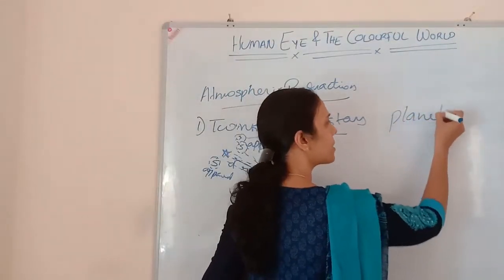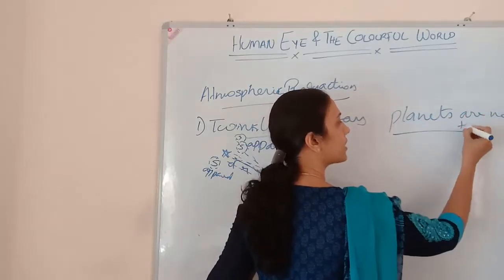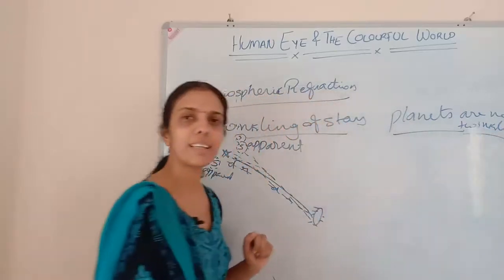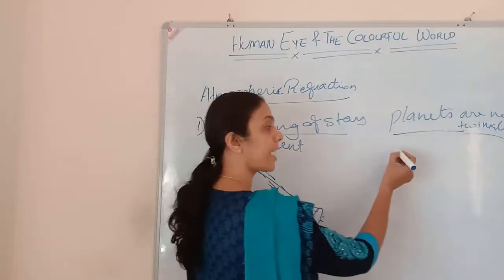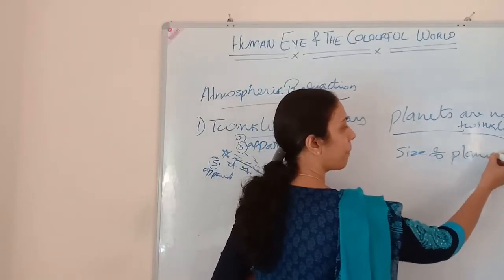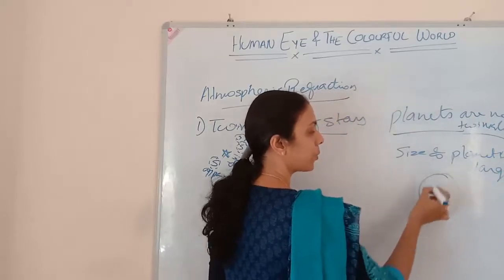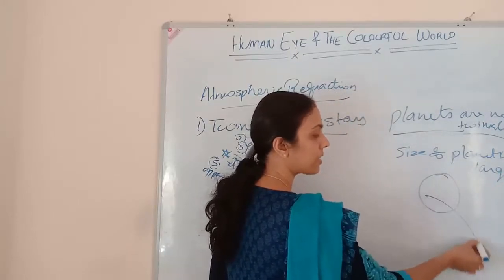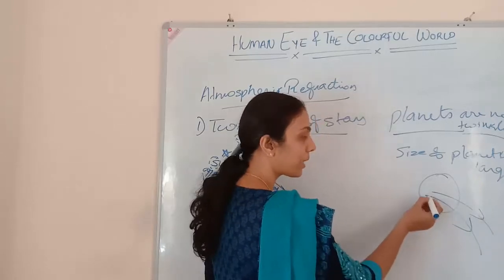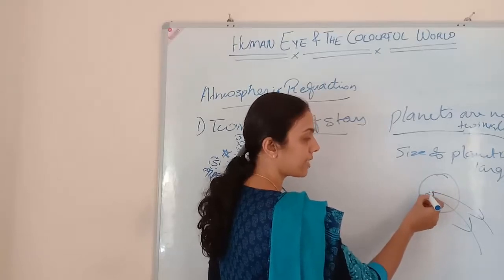Then planets: while we are observing, the planets are not twinkling. That twinkling effect is not happening for the planet. What is the reason? See, the size of the planet is more; the planet is larger. So if some light is falling from here, some light is also falling over here, and we will feel this point as this point.